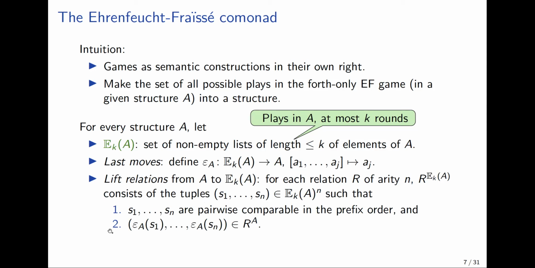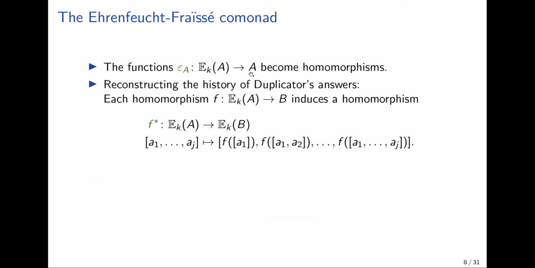And the second condition says that if you look only at the last elements in each of these sequences, these must be related in the structure A. So one thing that you get right away just from item 2 in this definition is that the functions epsilon_A become homomorphisms. Right? They upgraded from simple functions to homomorphisms of sigma structures. So that's the first observation here.